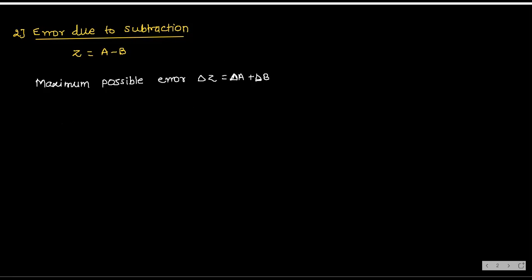And here, if you want z plus delta z, then tell me what you will get: a minus b, because z is a minus b, not a plus b. A minus b plus or minus this delta z, that is delta a plus delta b. Okay, now next is relative error.